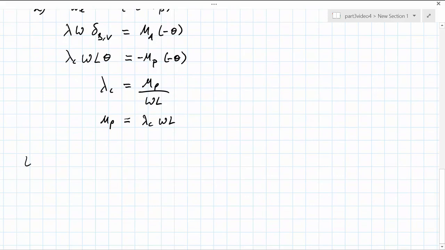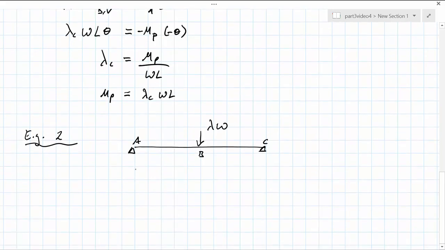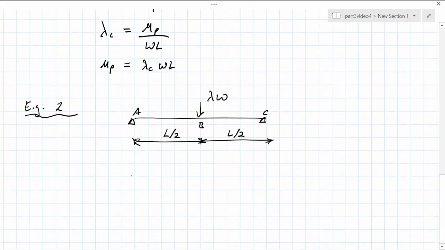The next example, consider the simply supported beam with a concentrated load at the center with a value of lambda W. Then at collapse, the collapse mechanism has the following form.